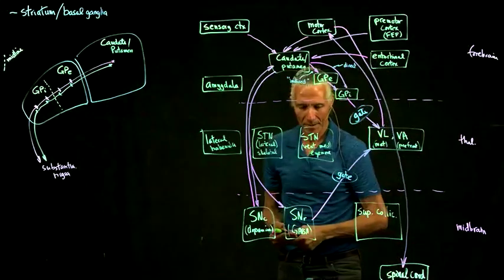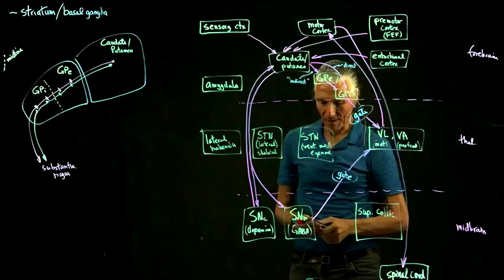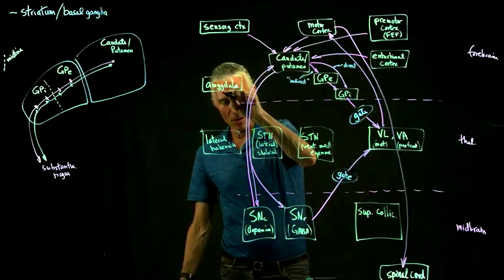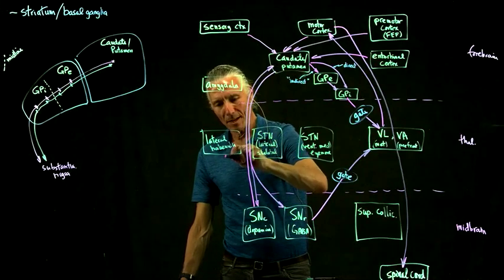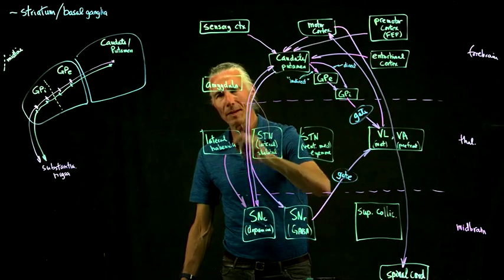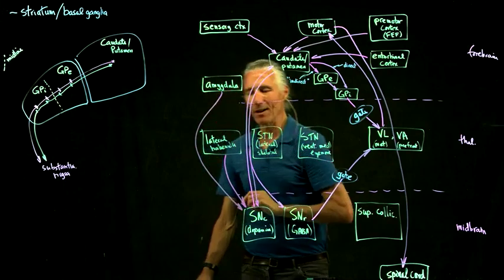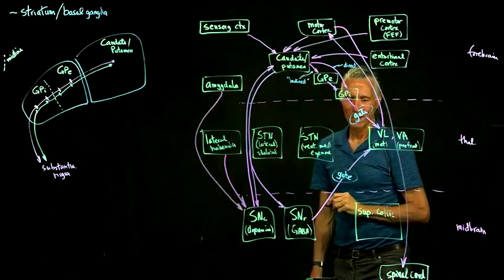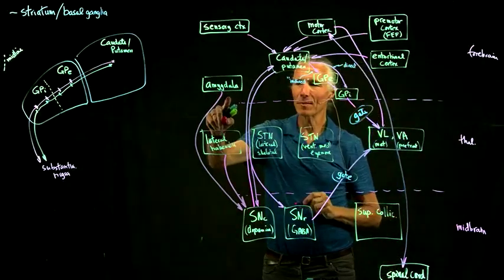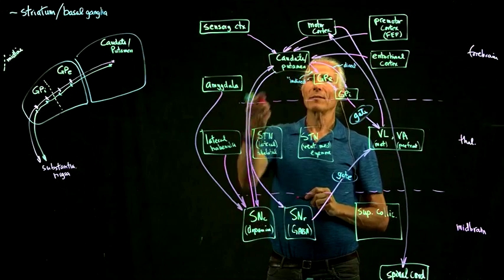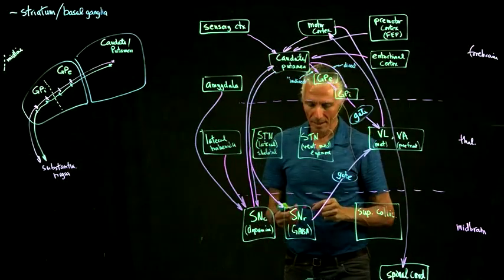Okay, so we have also a projection from the lateral habenula down to the dopamine part. So that's more rewardy kind of things going on, or fear, sort of fear and rewardy things going on coming from the amygdala and the lateral habenula, getting into the dopaminergic part, which gets up to the caudate putamen.